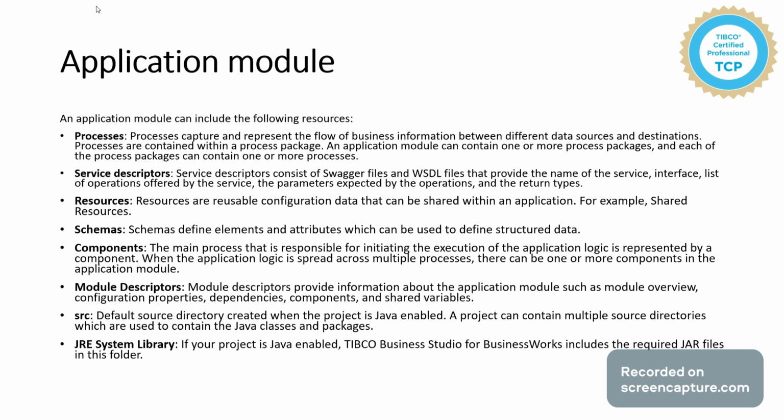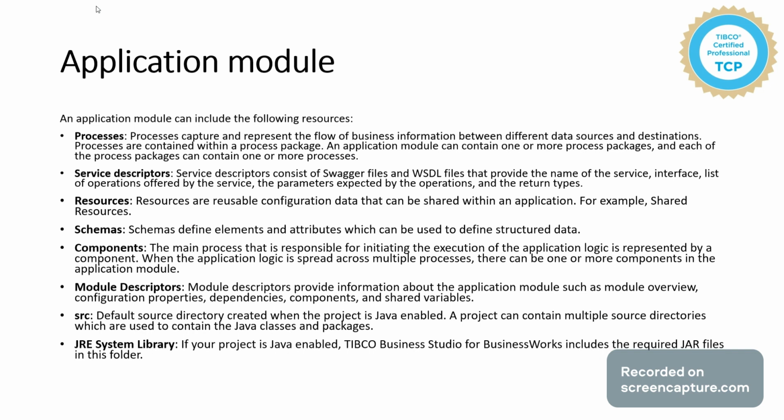Resources are reusable configuration data such as JDBC connection, JMS connection, HTTP connection, FTP connection, or something similar. Schemas, like I said, are used to define the elements and attributes an XML message can contain, and components, like I have explained earlier, are responsible for initiating the execution of the application logic at runtime.